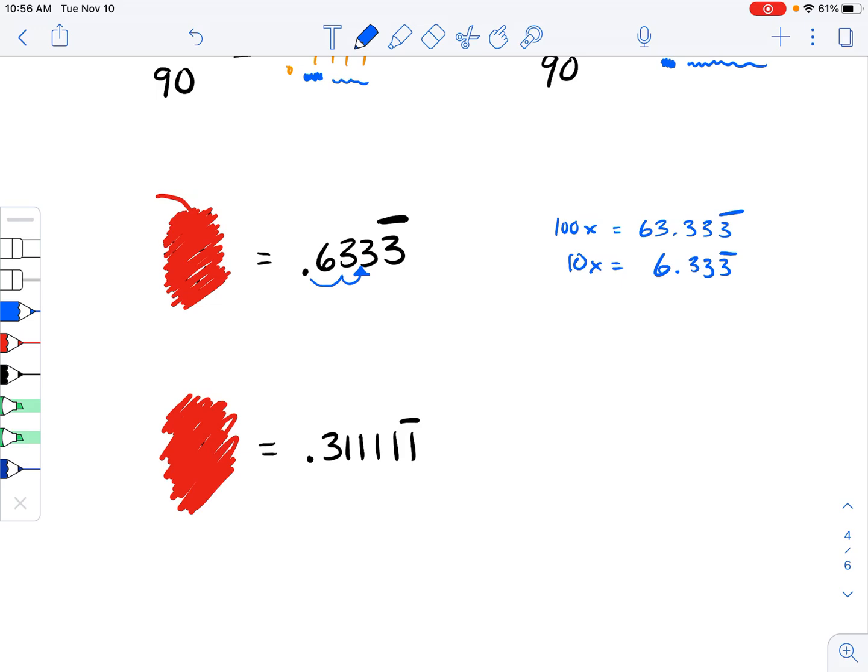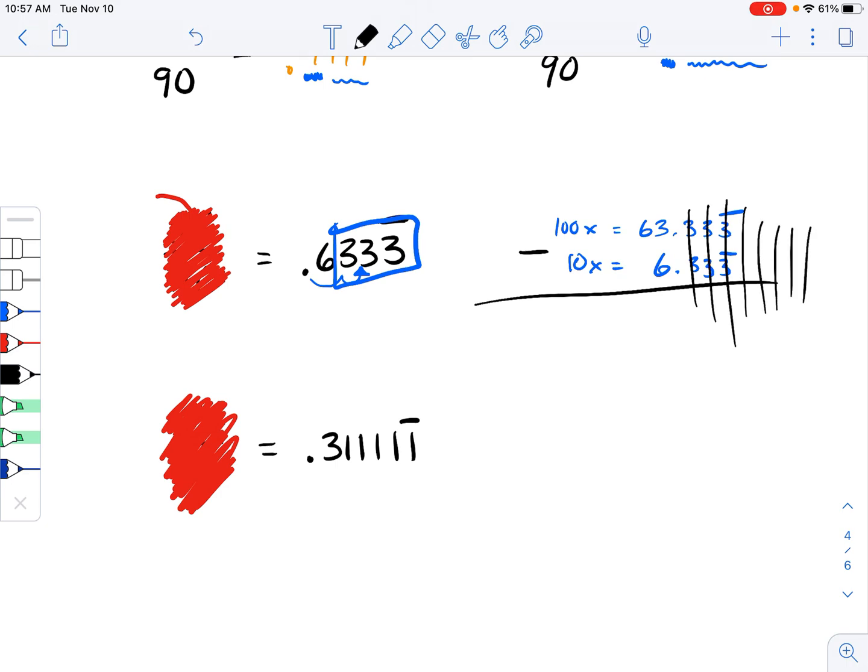And then I also wanted to move the decimal, so I isolated just the repeating part. Now that's going to allow me to subtract, and then this 3/10 subtracts this 3/100ths, this 3/1,000ths, and so on, all negate one another. So 63 minus 6 will give me 57, and I'll get 90x equals 57. And so now I get 57 90ths, and that is going to be my fraction.